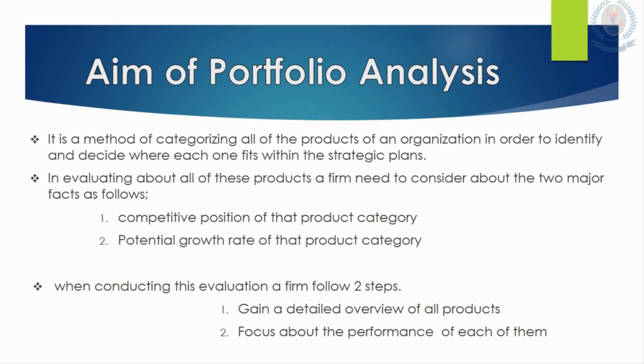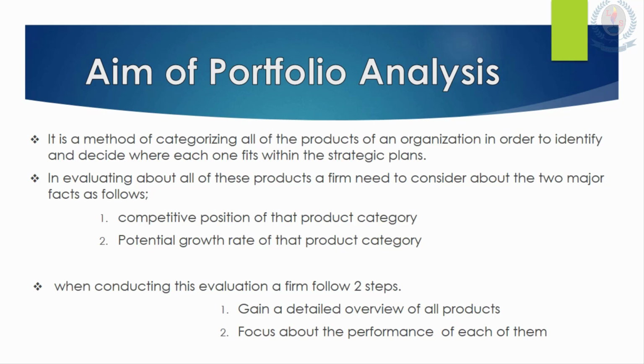So it is a range of investment held by an organization. And not like the past, nowadays most manufacturing companies, most business organizations are providing different types of products. They invest their money in different types of products.